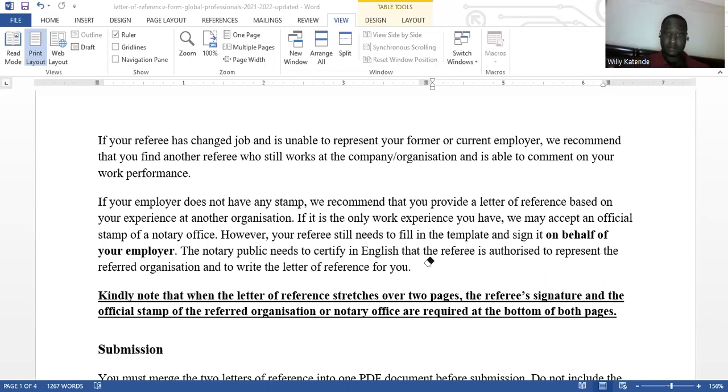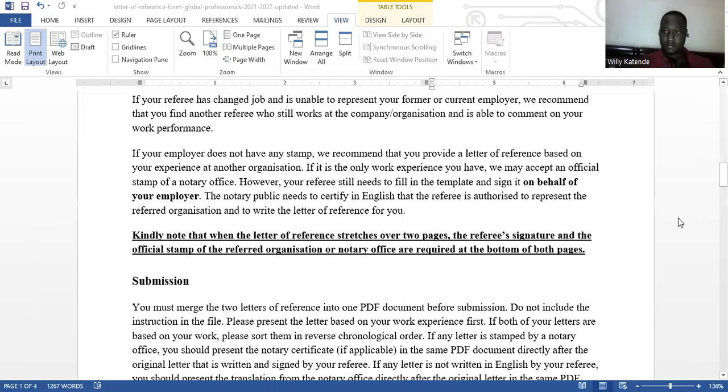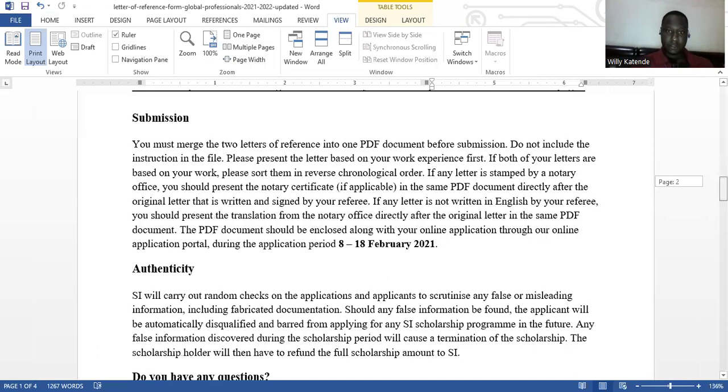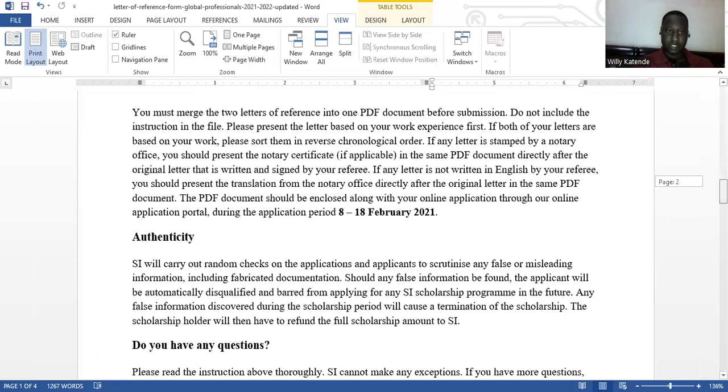Yes, this is what I was mentioning. If it stretches over 2 pages, the referee's signature and the official stamp of the referring organization or notary office are required at the bottom of both pages. So this is also very important. A very important statement. That's why it is put in bold letters.